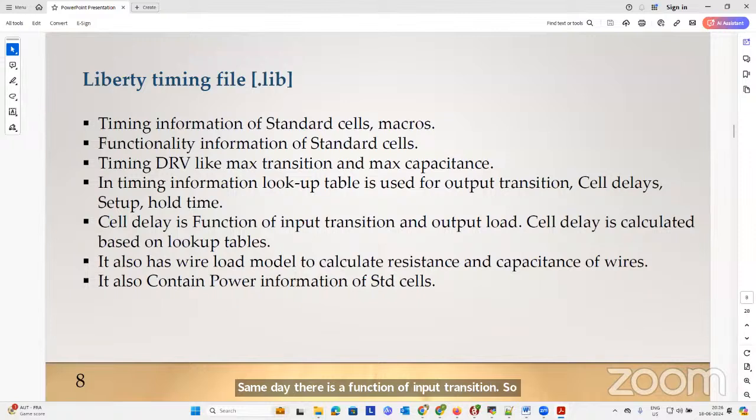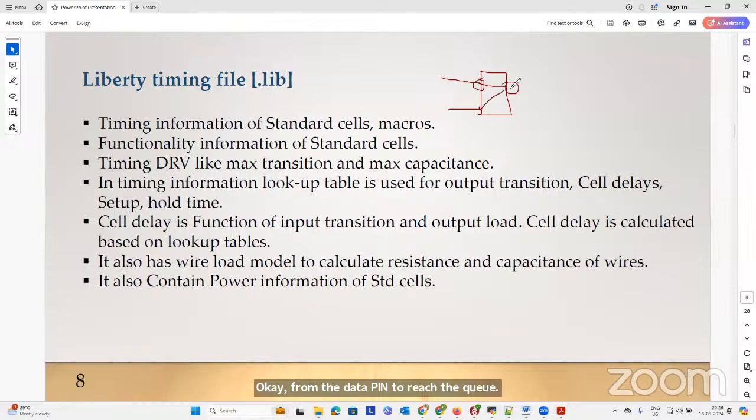So if we are taking any cell, like a standard cell or any gate, for example, the cell delay is calculated based on the time taken, once the clock is triggered, for the data to transfer from the data pin to reach the Q output pin.